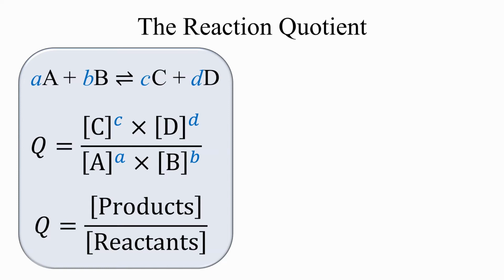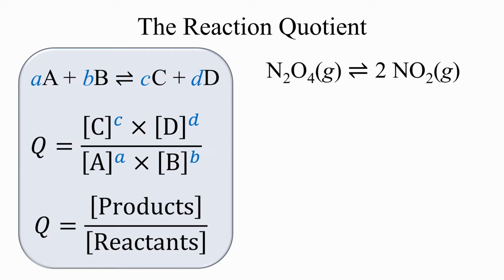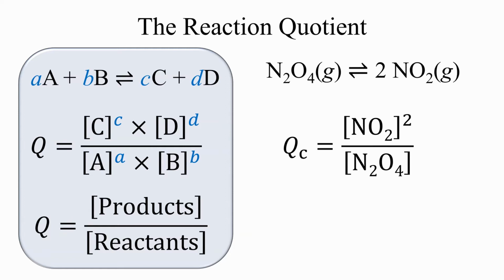So if we go back to our old example, the equilibrium between N2O4 and NO2, the reaction quotient, Qc, is just the concentration of NO2 raised to the power of 2 divided by the concentration of N2O4.